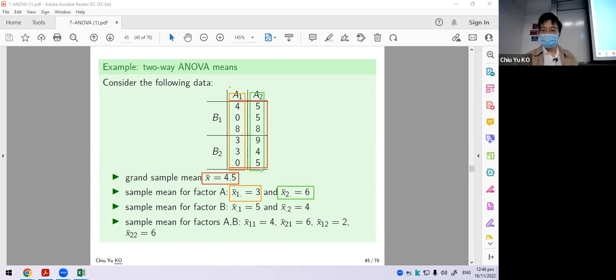If you want to know why this is 5, it's just this one. And if you want to know why we have this one, it is here. Is it clear how each one is being calculated?